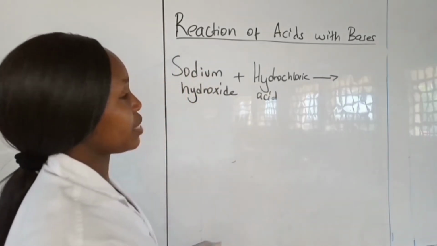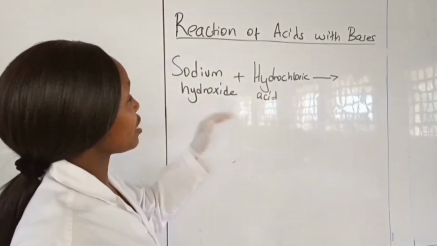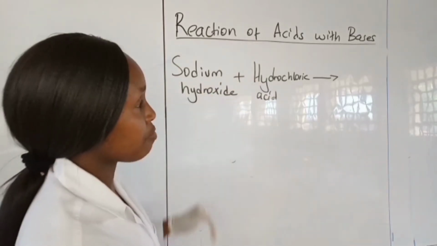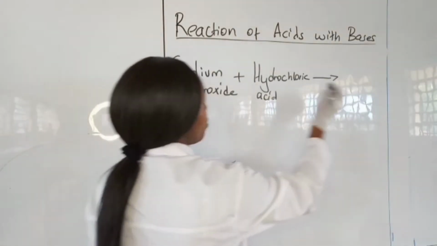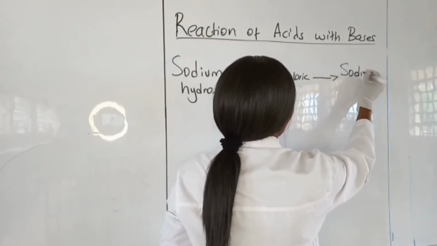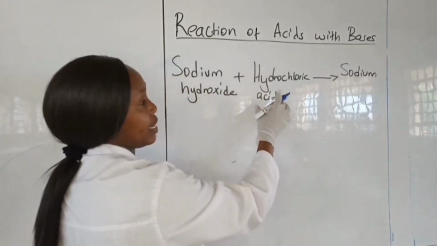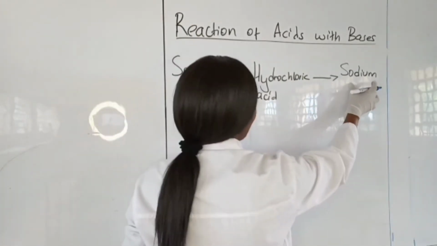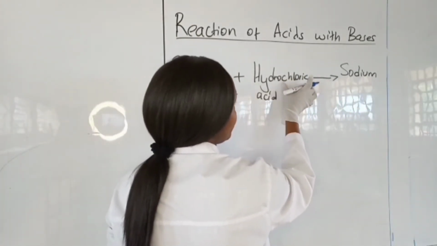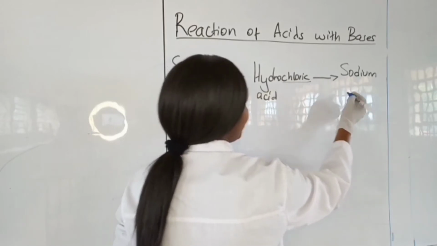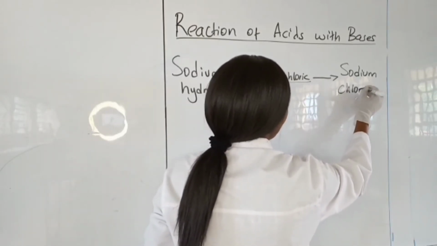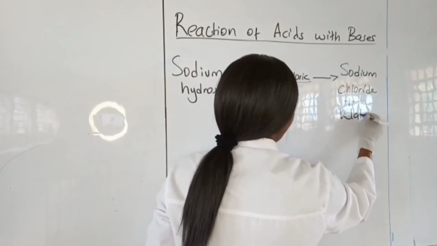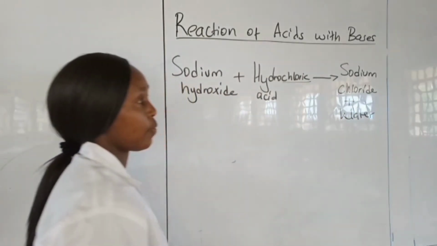When we are naming the salt, the first part is a metal, and in this case it comes from sodium hydroxide, so we are going to have sodium. The second part of the salt is named from the acid, so it comes from hydrochloric, and we consider the chloric part, so we get sodium chloride plus water. That is the word equation for it.